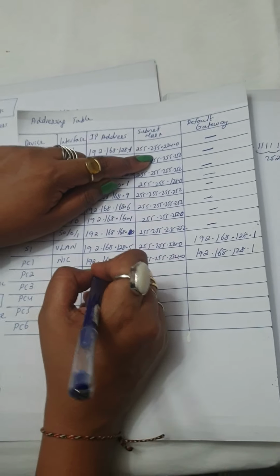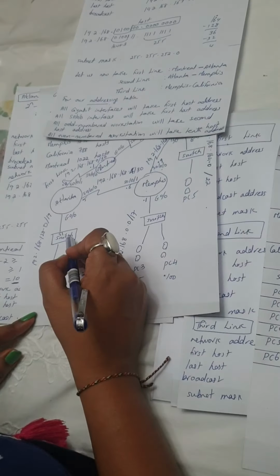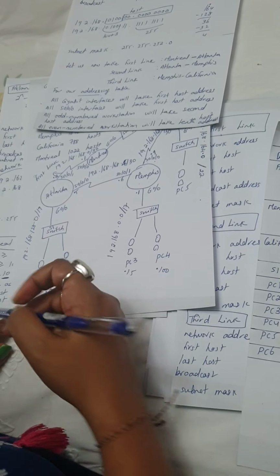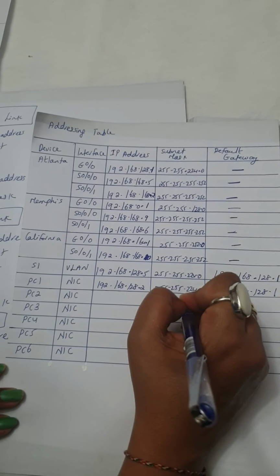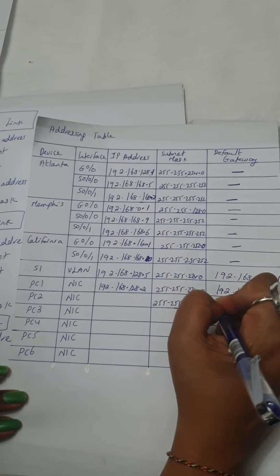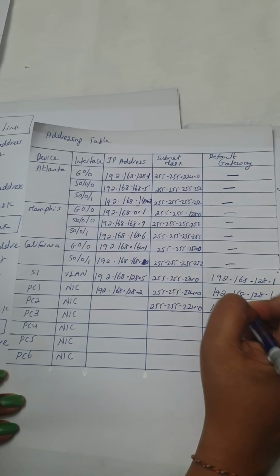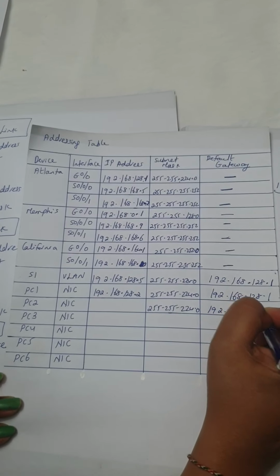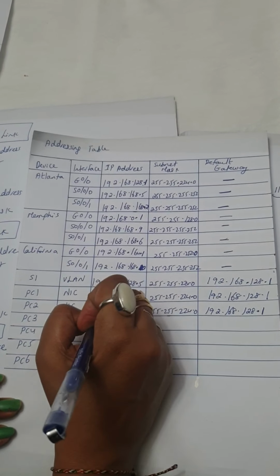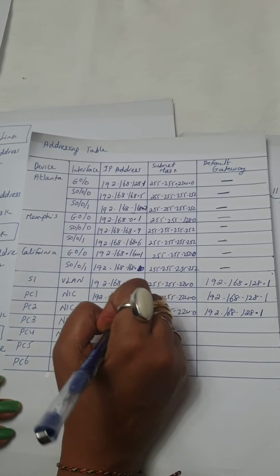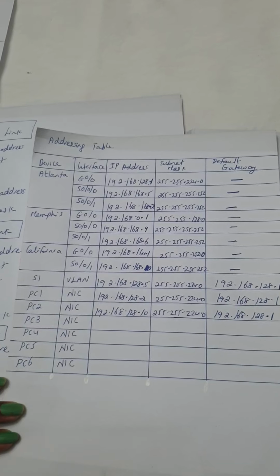PC2 also forms part of the network where we have S1 and PC1. This means that the subnet mask and gateway will be the same. Now PC2 is having the 10th host address. For this reason, it is .10.